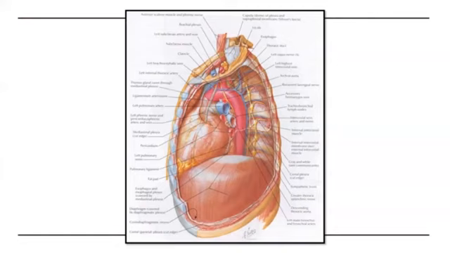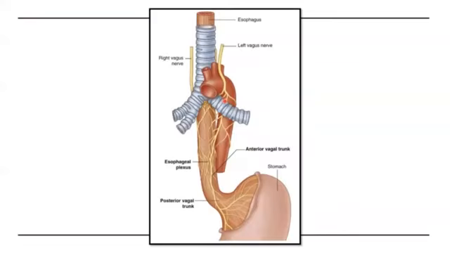Now, if we go to an image like this, which again, I know it's a little more cartoonish in nature, but I like to show because especially on that left side, you can see that left recurrent laryngeal, and then of course you can see the esophageal plexus here, or plexuses.